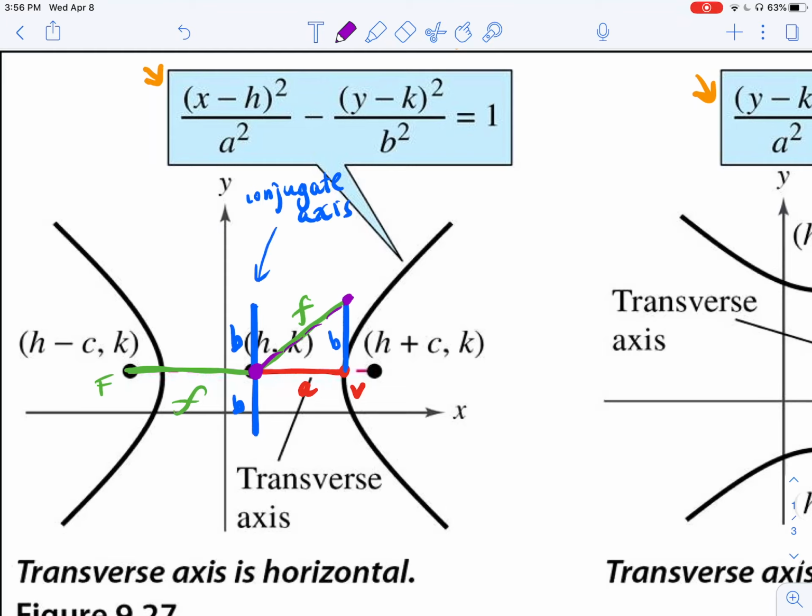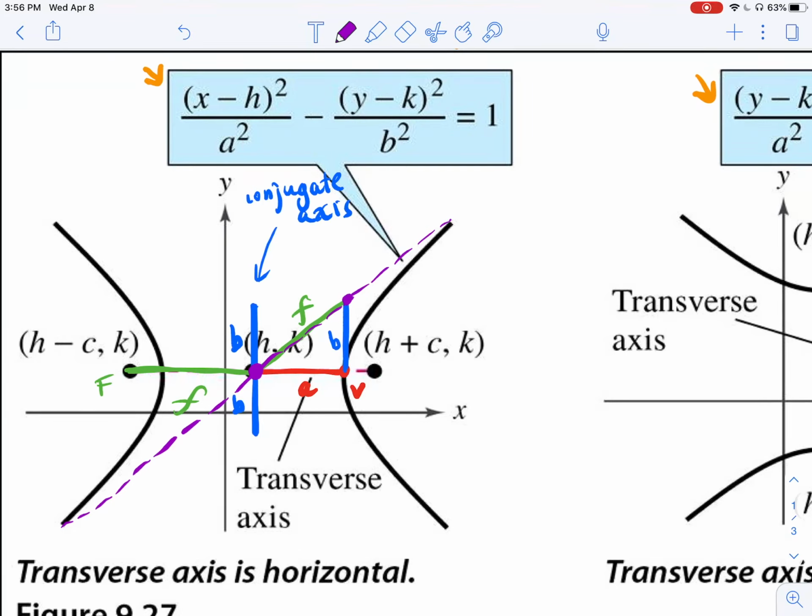So I'm going to go up B over A, and I'm going to draw my asymptotes that look something like this. In other words, I'm using my B over A to be the slope of this asymptote, because if you look at that asymptote, it's just a line. It's just a diagonal line, which we can write the equation for any line as just simply using a point and its slope, which in this case is B over A.